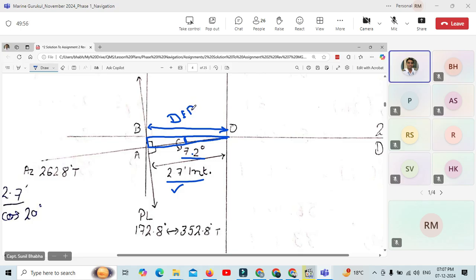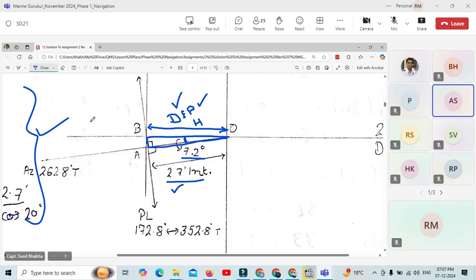This Oscar to Bravo is basically the hypotenuse and Oscar to Alpha is the base. So cos theta is equal to base upon hypotenuse. Using that, you can calculate the departure. So without plotting, the departure can be obtained. This is what he has done in this calculation. You can do it this way also. Both ways are perfectly all right.